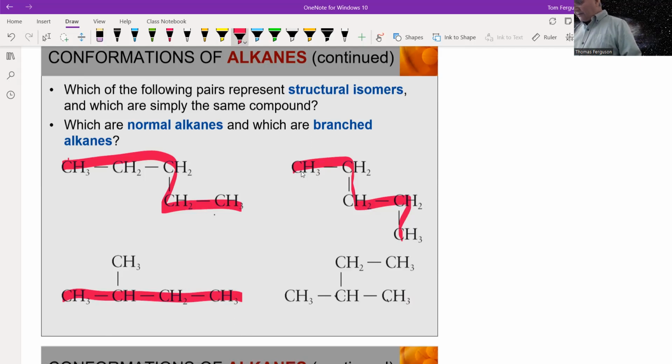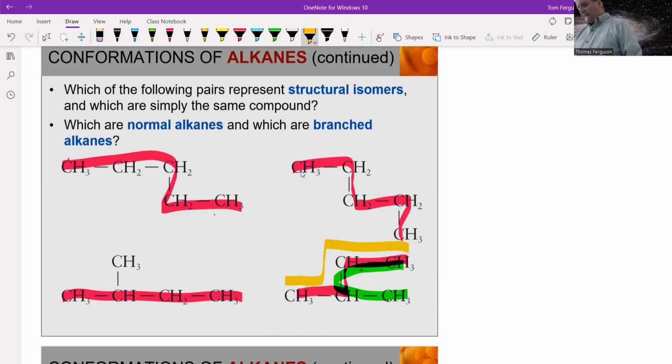And let's go to this guy here. What are the chains here? Well, we can go like this. That's one. Another, we can go like that. That's another. Or we can go like this. So what's the longest chain of those 3?